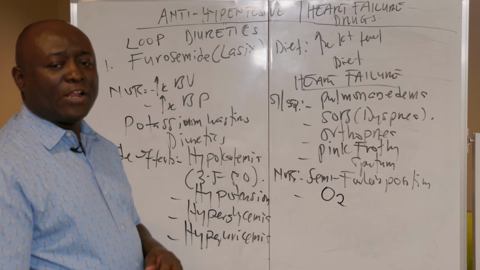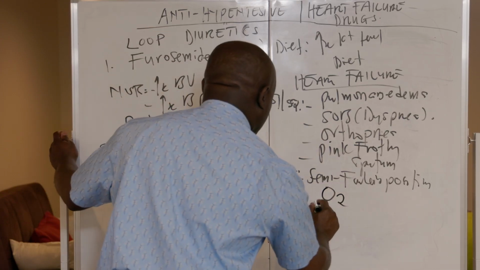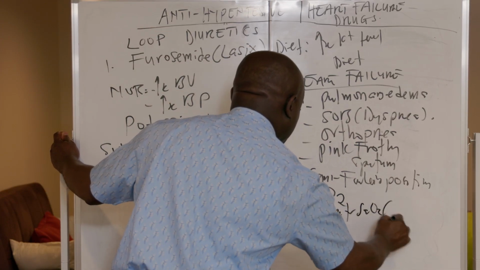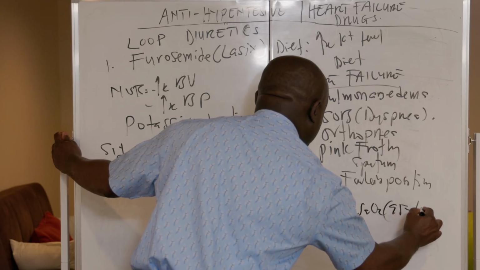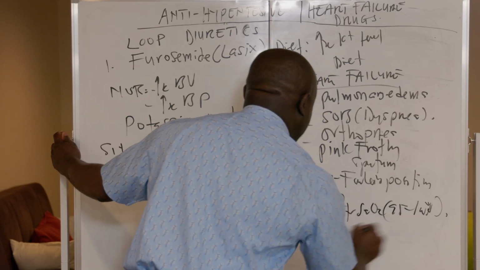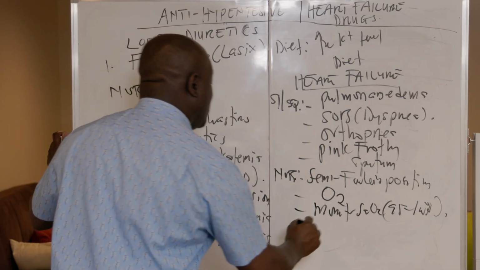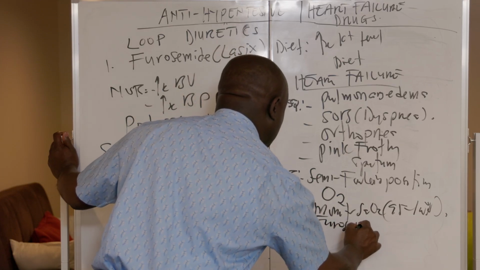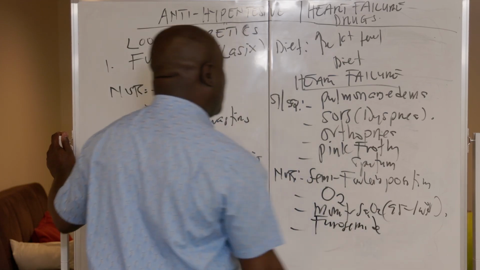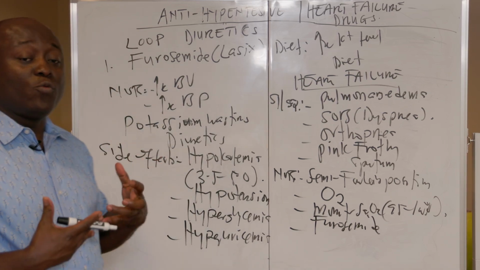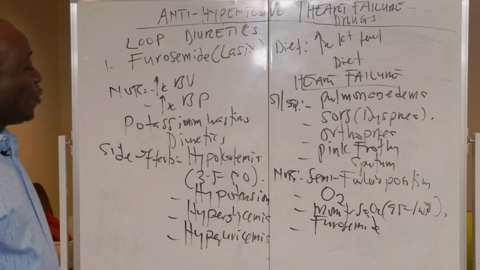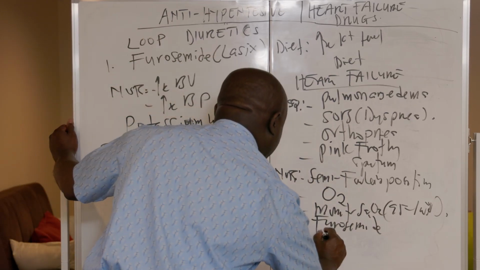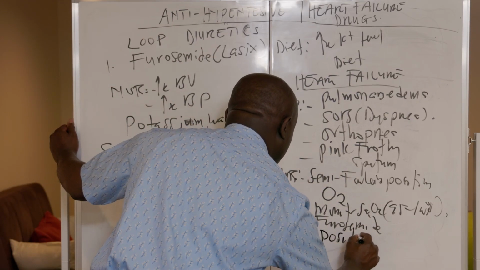How do you know that the client's oxygen is working? You've got to monitor the O2 sat. We know that the normal O2 sat is 95 to what? 100%. And then you give what? Loop diuretics, you give furosemide. So you are giving furosemide so that the client will eliminate the excess fluid in the lungs. After giving furosemide, then you give what are called positive inotropes.